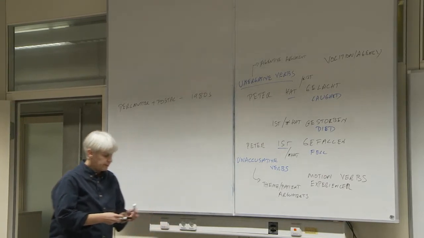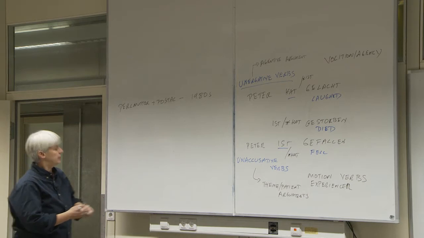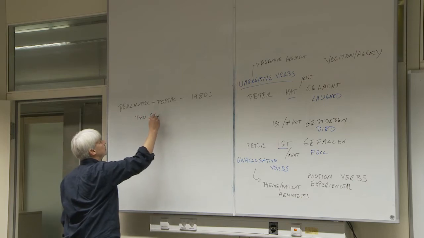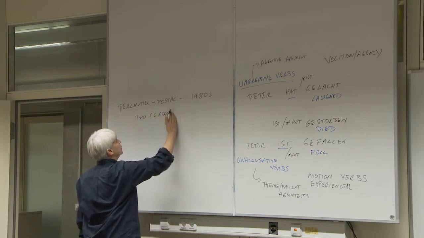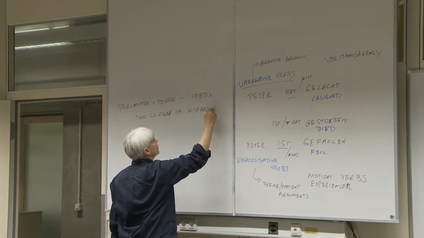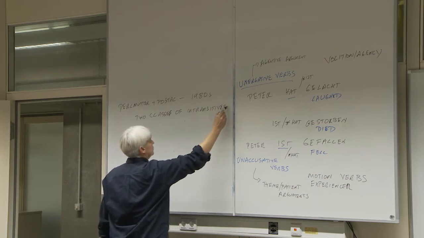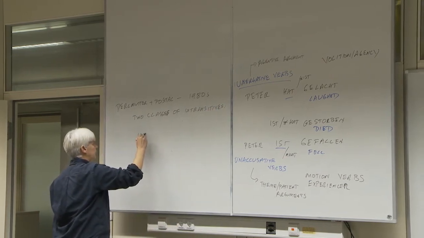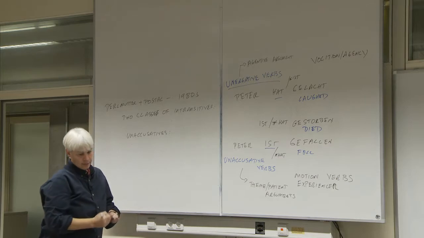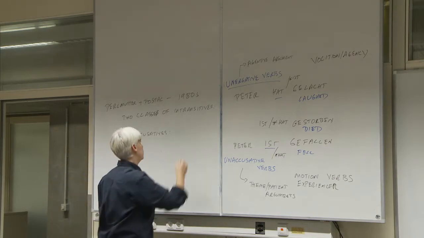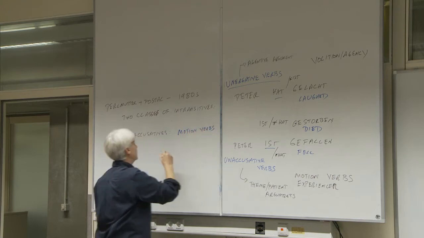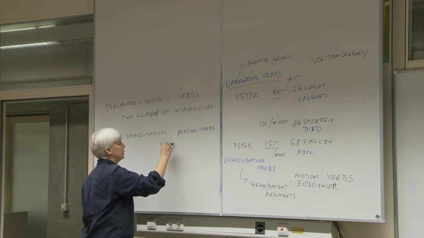So what does this show us? Why am I showing you this? Because, okay, let me finish this. Two classes of intransitives. And we have the unaccusatives. And they come up with certain things. They say motion verbs tend to be in here, but also what are called inchoatives.